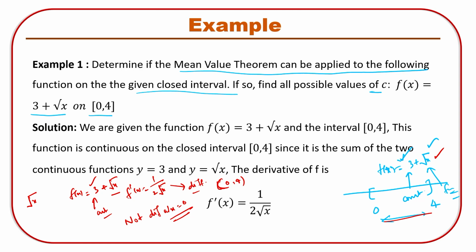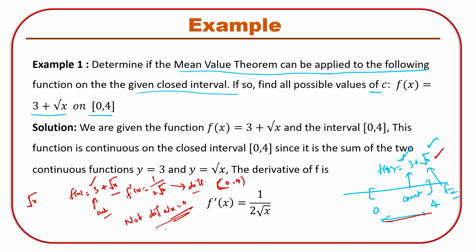This is one example where you can see why we require the function to be differentiable in an open interval, not in the closed interval. A function that is continuous in a closed interval need not be differentiable in that closed interval.